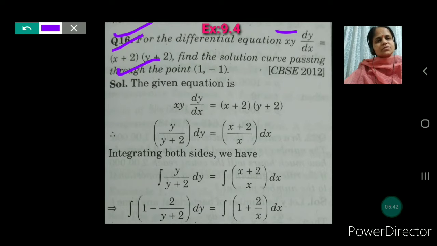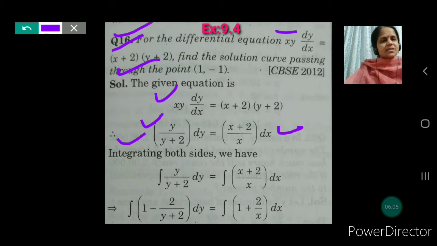First of all, students, write the equation. Now solve by the variable separation method. So here you will get y/(y + 2) dy = (x + 2)/x dx. Now integrating both sides, you have integration of y/(y + 2) dy = integration of (x + 2)/x dx.